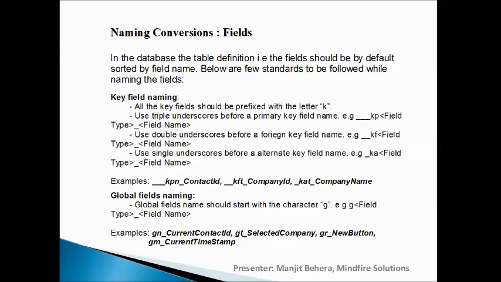Suppose it's numeric, then triple underscore k, p, then n for numeric, then contact id, like this. For foreign key, double underscore kf and company id.